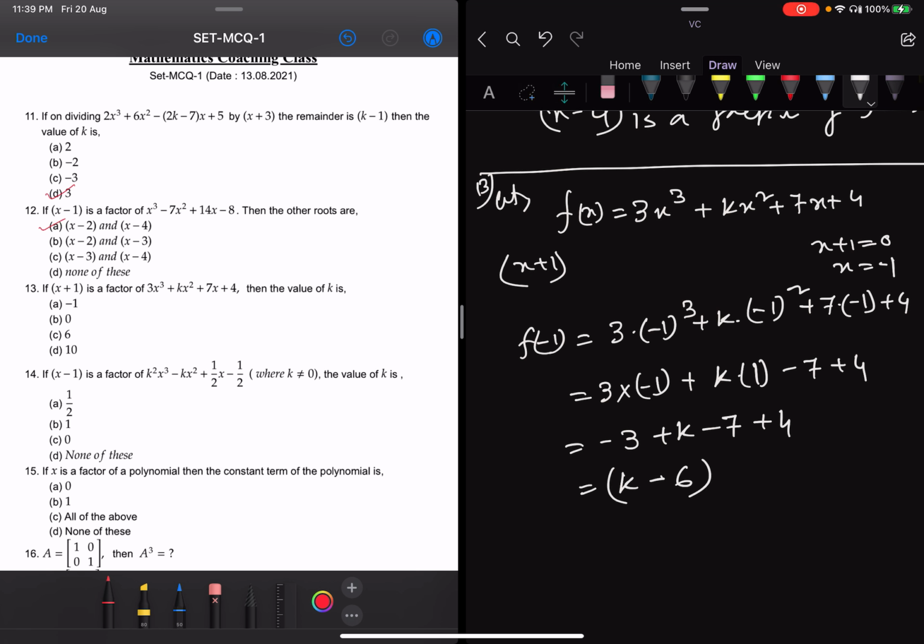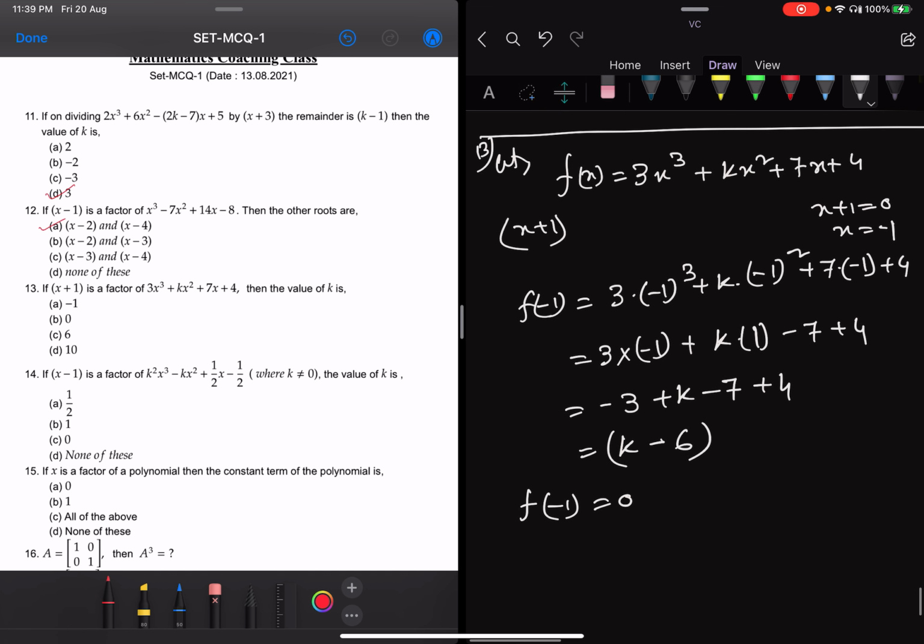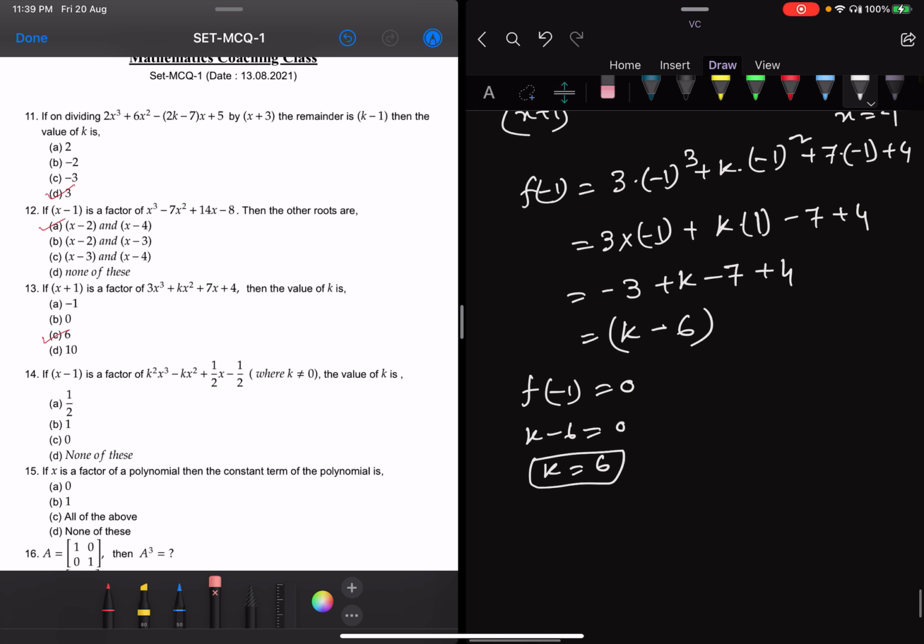It's k minus 6. Now we also know that as x plus 1 is a factor of f of x, f of minus 1 equals 0. That means k minus 6 equals 0, so k equals 6. So k equals 6 is the correct option.